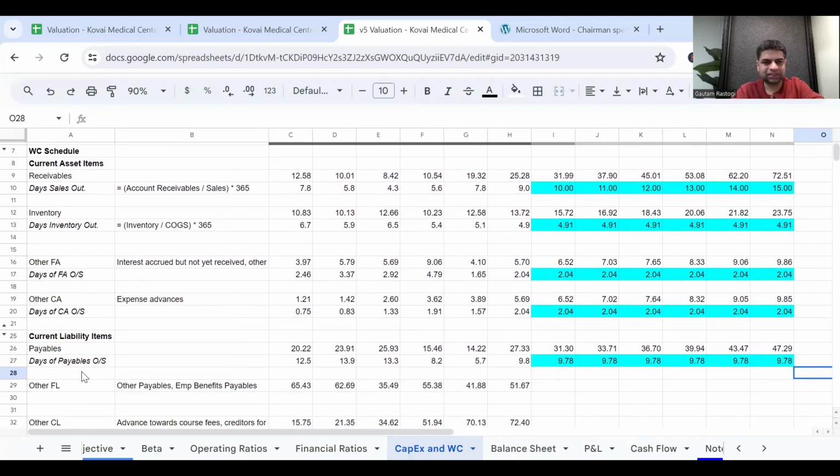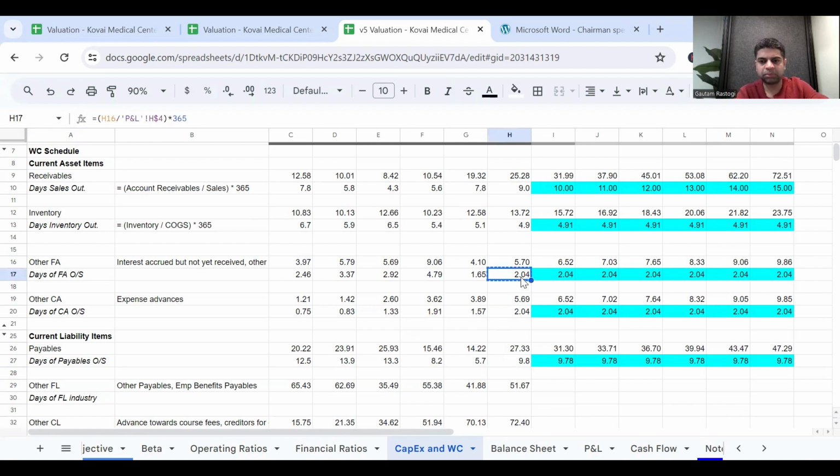Now let's calculate days of FL outstanding. It's not an industry term per se. I could easily base it off sales or any number, but I am just being consistent for the sake of consistency.